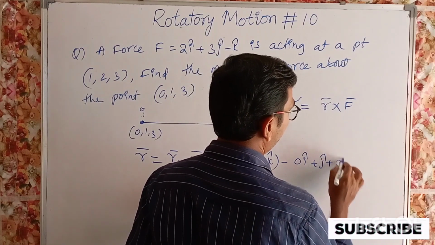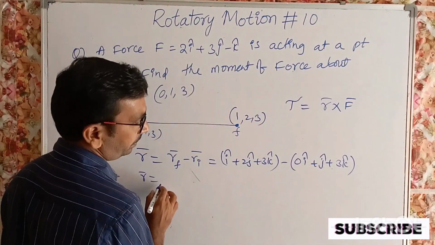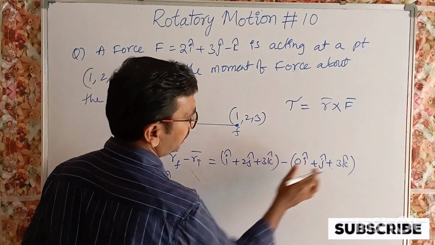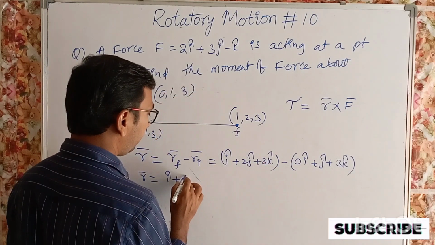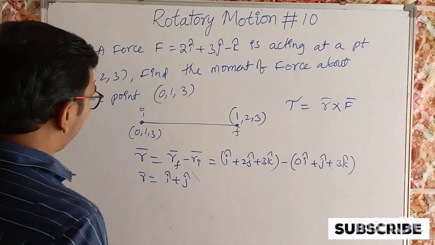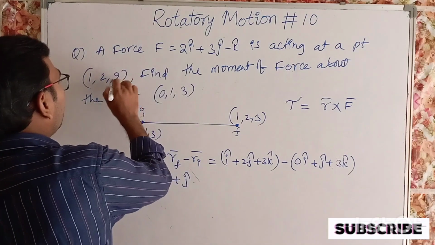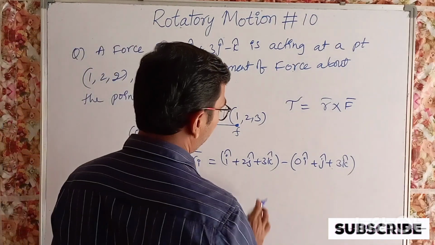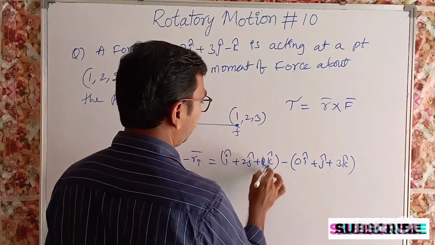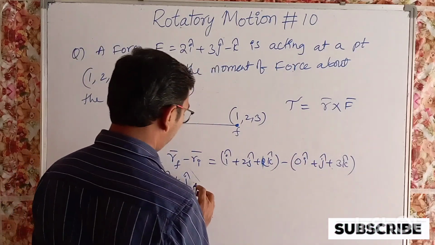Subtracting gives i cap, 2j minus j is j cap, and 3k minus 3k is 0, so 2k minus 3k gives minus k cap.